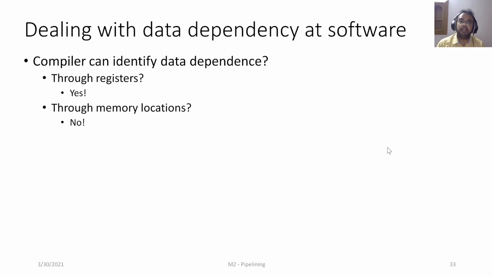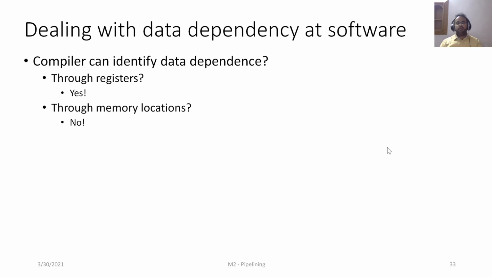Though when we look at them, both were having different offsets and different base registers, but eventually they can refer to the same memory location. So such dependencies cannot be handled by the compiler because the compiler analyzes the code statically, right?